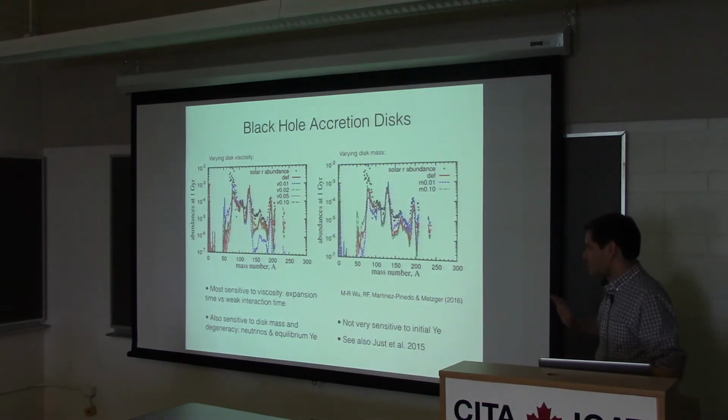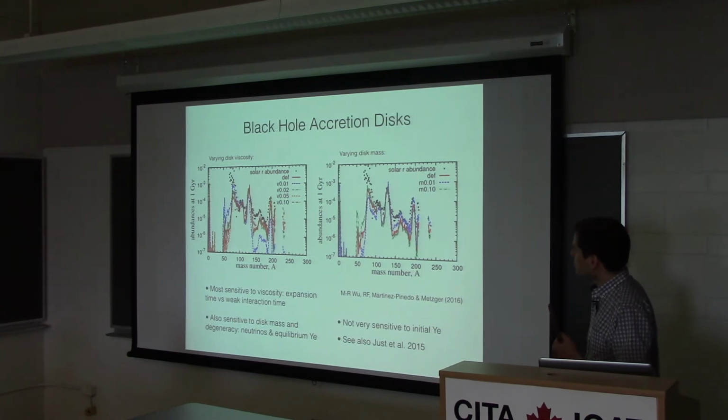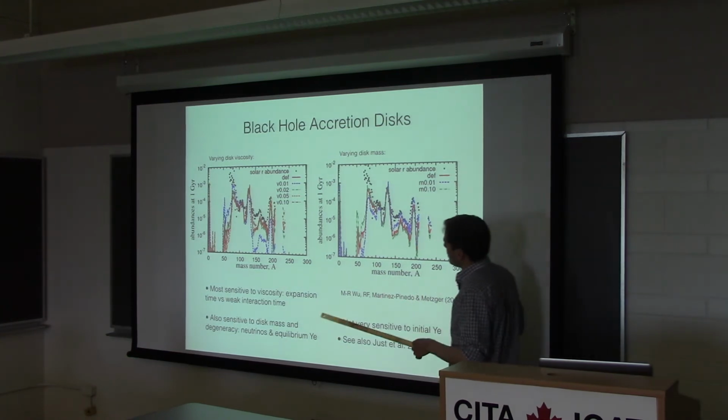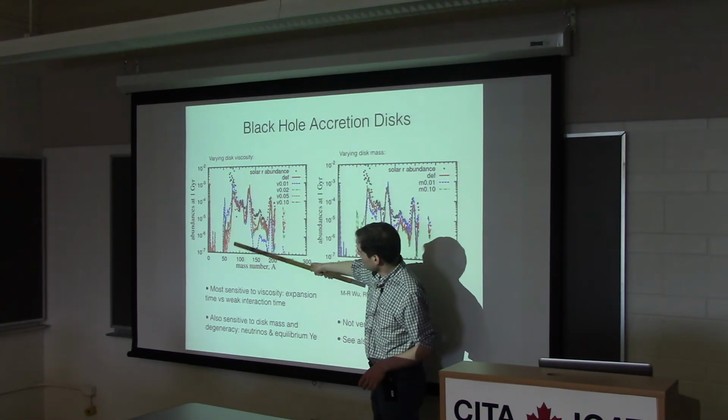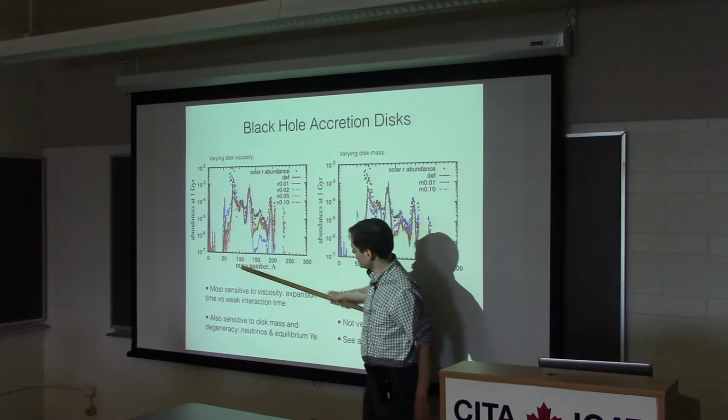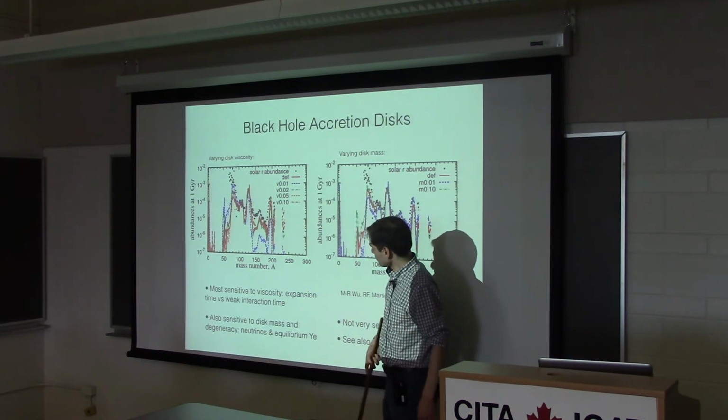But the bottom line, just not to complicate things too much, is that most of the studies that have been done on the disk, including the ones in which I've been a participant, show that, by the way, this is mass number. So r-process elements are from about 90 all the way to 200, and this is the abundance relative to solar.